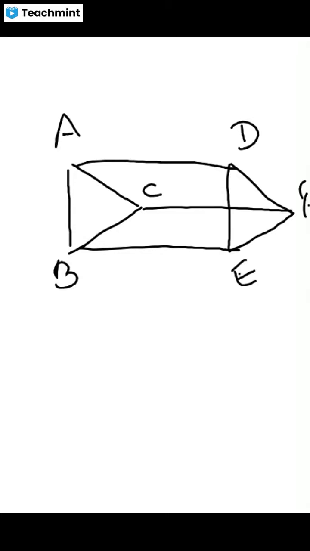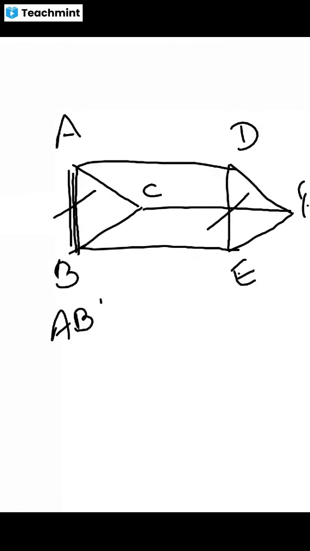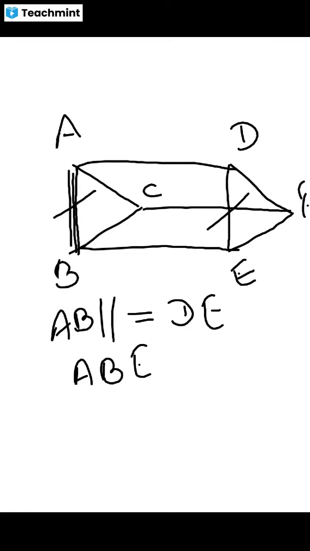In first part, don't mute your call. In first part, what is given? That AB is parallel and equal to DE. I am writing a little directly. AB is parallel and equal with DE. That's why ABED is a parallelogram.